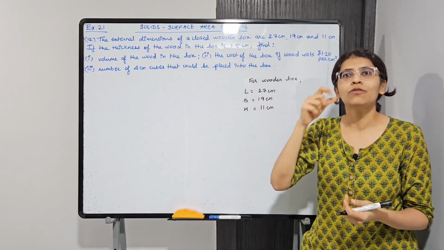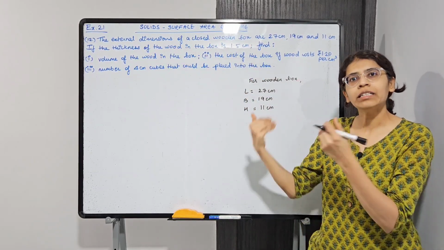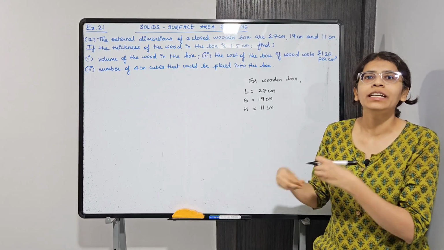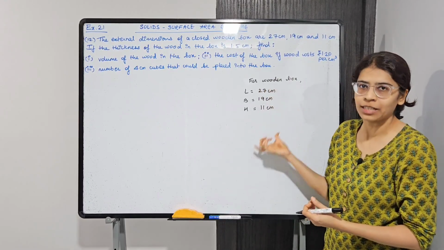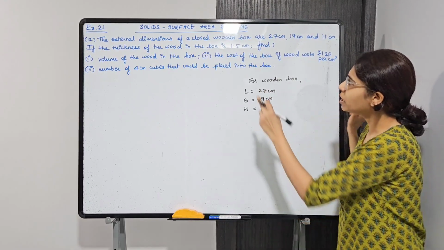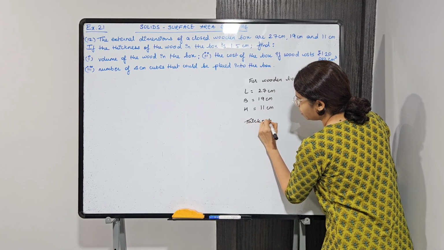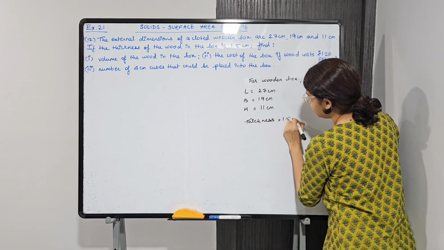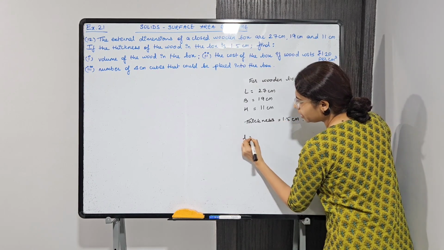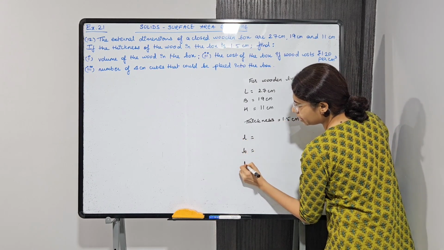There is some thickness of the wood, so internal length, breadth and height will be different from the external length, breadth and height. Thickness of the wood is 1.5 centimeter. So what will be the internal length, internal breadth and internal height?